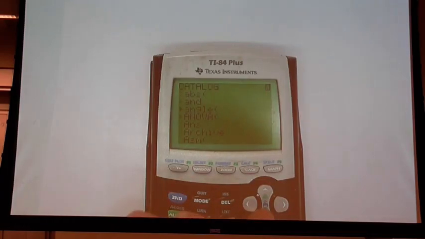Cosine inverse is from -1 to 1. Hyperbolic cosine inverse? Oh, okay. So we're interested in the cosecant inverse. It doesn't seem to have that. Well, we're going to talk about that in a minute, but that's ahead of the game.